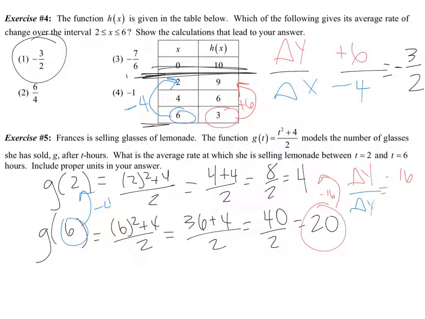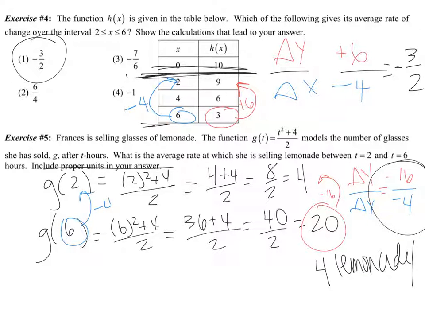So change in x is going up 4. Then we just look at 16 over 4, which becomes 4. And now we need to include proper units. So it is 4 lemonades per hour.